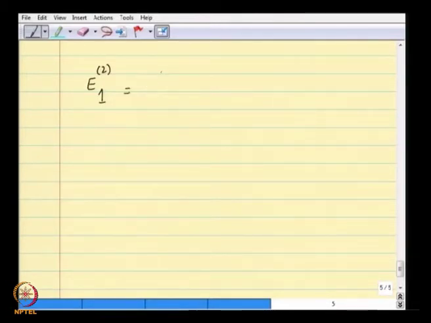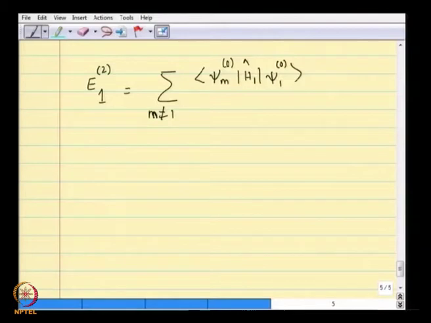The expression would be the sum over m not equal to 1 of the absolute square of psi m 0, H1, psi 1 0, divided by E 1 0 minus E m 0, isn't it? We had the correction E n, yeah, E 1 2.